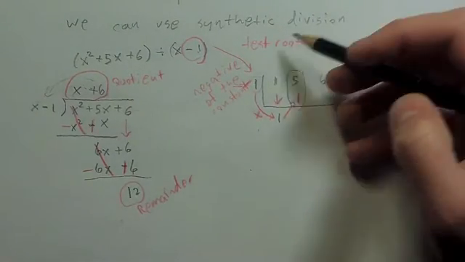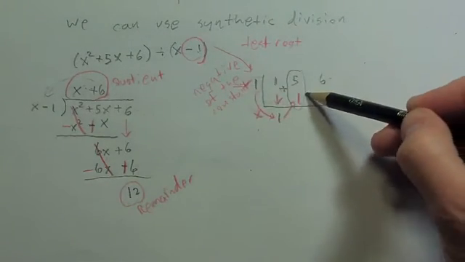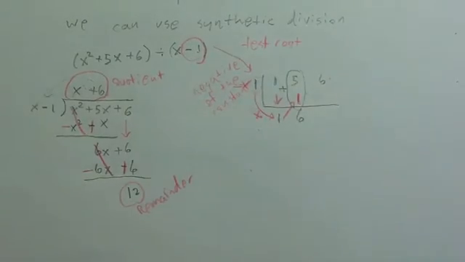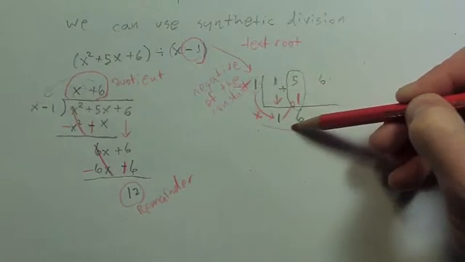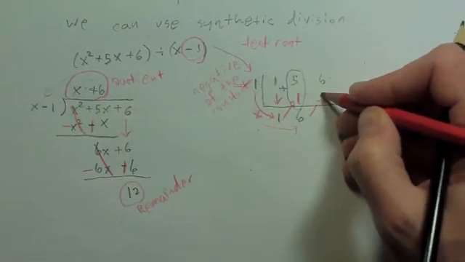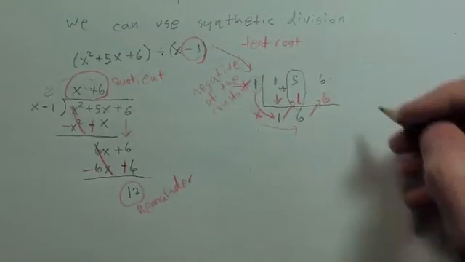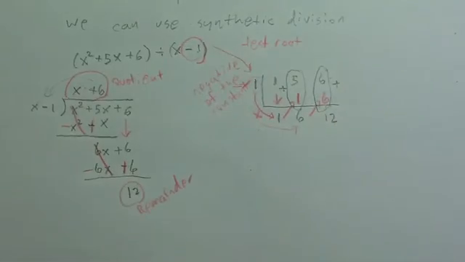Now, I add these values. So 1 times 1, I bring that 1 up, add, and I'll get 6. Now I take my test root again, multiply, 1 times 6, and carry up, so we get 6. Then we add these values again to give me 12.